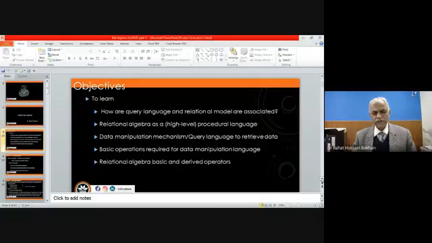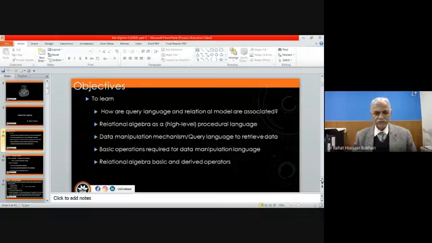In today's session, we have to see that structured query language is basically based on relational algebra and relational calculus. Both are theoretical aspects, and we have to study them because we are likely to use SQL, and we have to see how SQL is based on relational algebra and relational calculus.